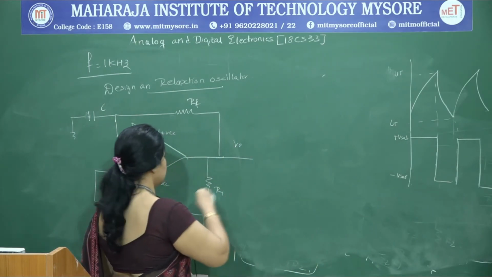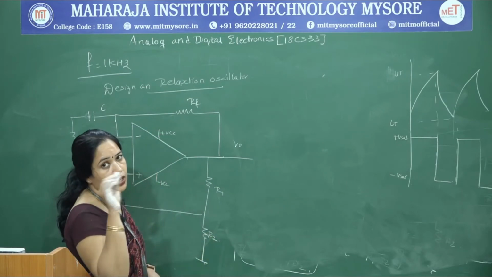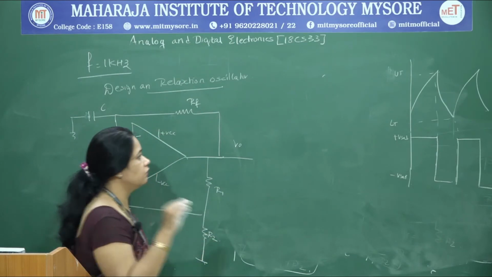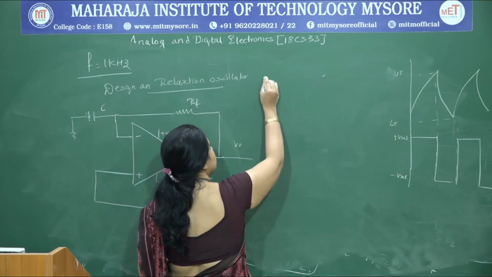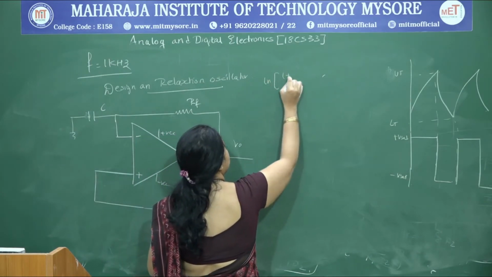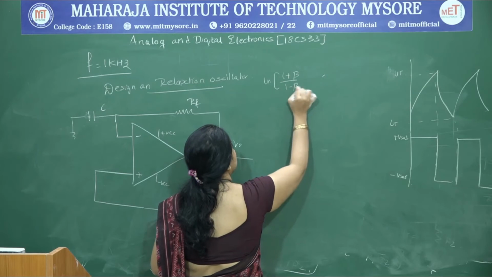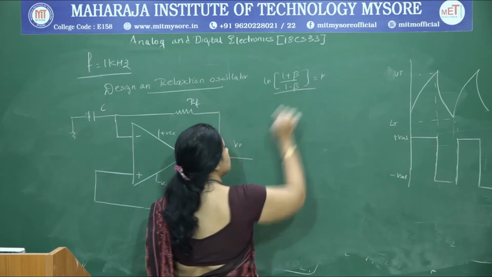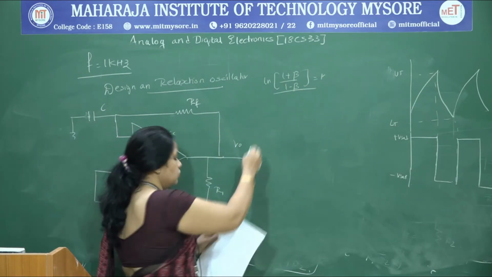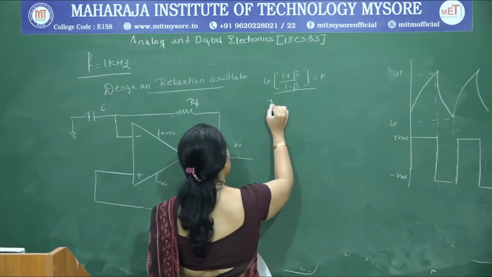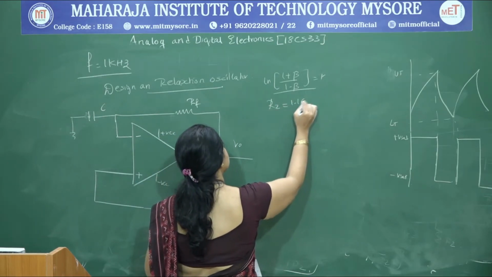Now, you are designing it such that the logarithmic value tends to become 1. If you want to make the logarithm of (1 plus beta) by (1 minus beta) equal to 1, you need to take a value of R2 equal to 1.16 R1.